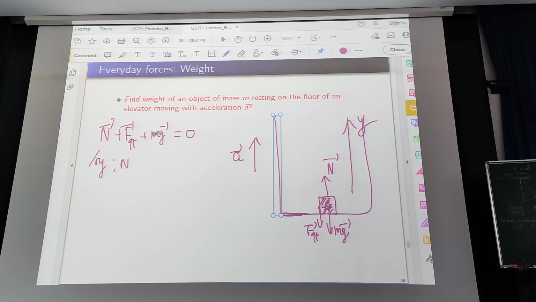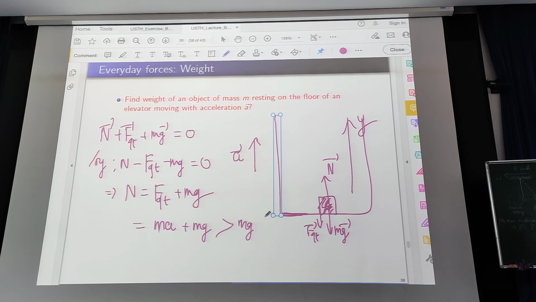N minus the inertial force minus mg equal to 0. So from here you have N equal to the inertial force plus mg. What is the inertial force? ma in magnitude. So in this case N is greater than mg.